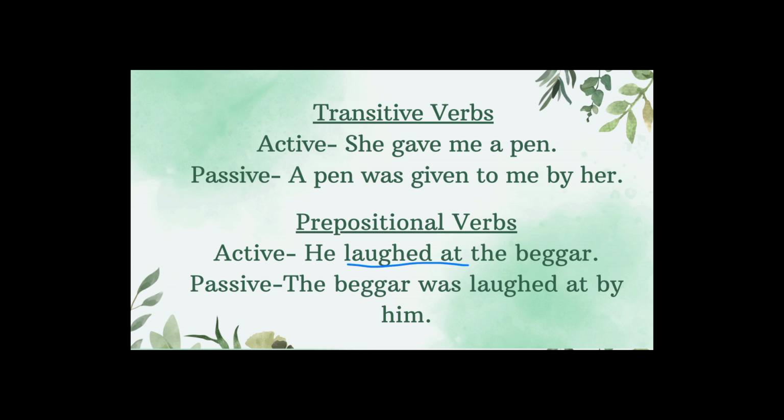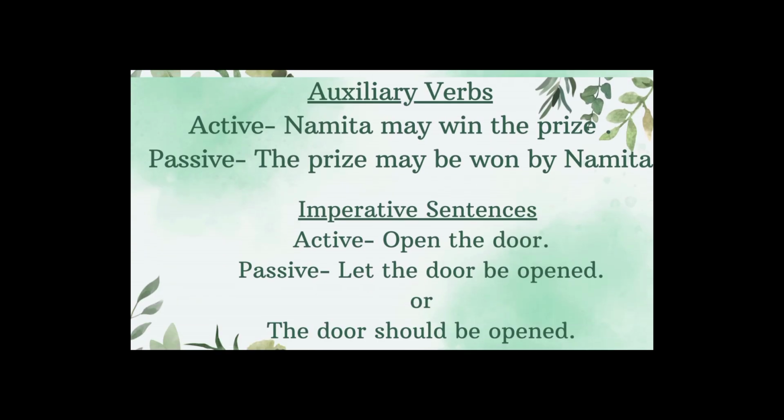So here, at is used with the verb laughed. When you change it into passive: the beggar was laughed at. That means when you change it into passive voice, you cannot separate the verb from the preposition because it is a prepositional verb. They will be used together in the passive voice also. I hope you all have understood it better.